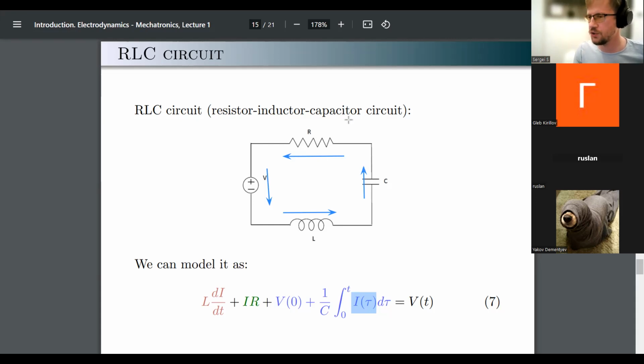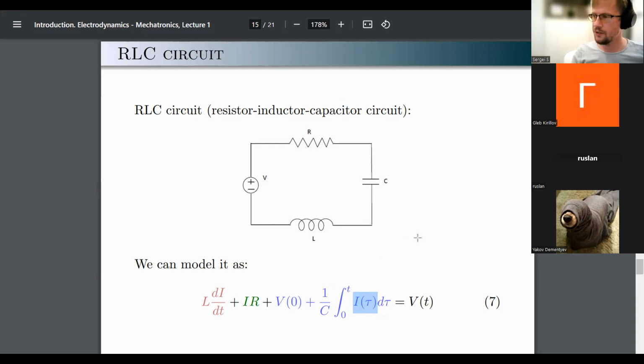So the amount of charge that goes around here is exactly the same in each cross section. So this is the rate of charge per unit of time that goes through the capacitor. Now we integrate this.